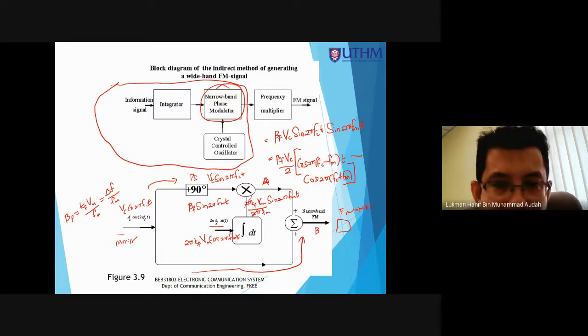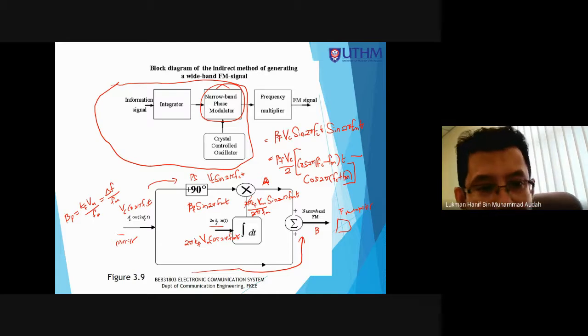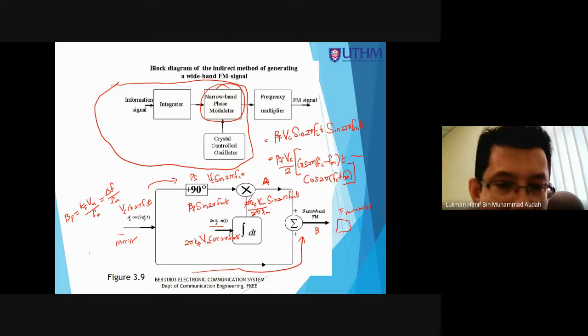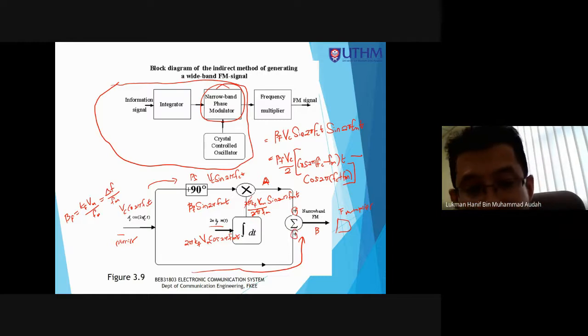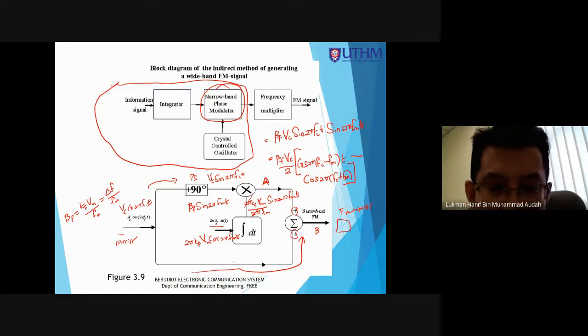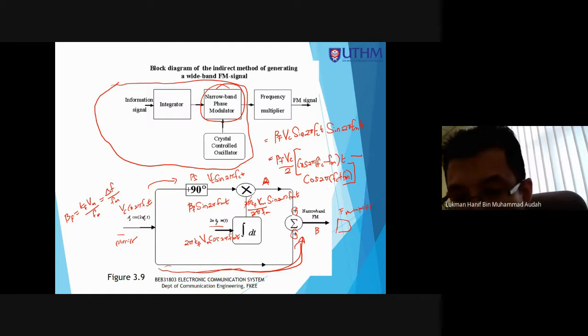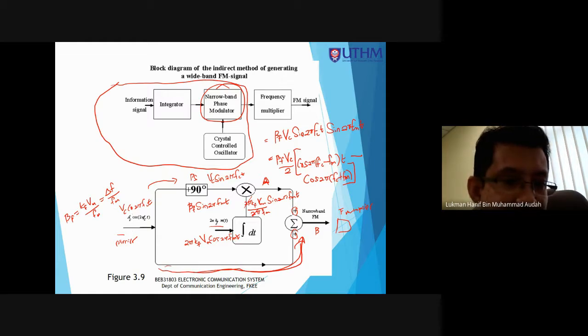Okay, and then you see that from here, okay, so you see that here at point B, we will add with, okay, sebab ini di sini adalah tambah dan tambah, add plus and plus. That means we need to plus with the carrier component over here. So what happened at point B? Bermakna kita perlu tambah dengan tadi VC cos 2 pi fCt.